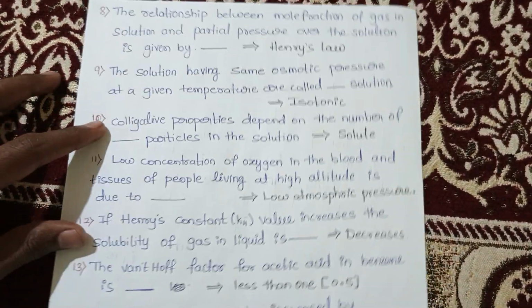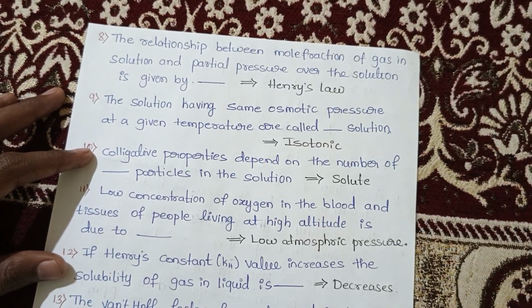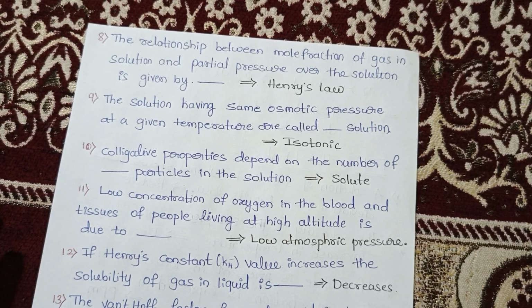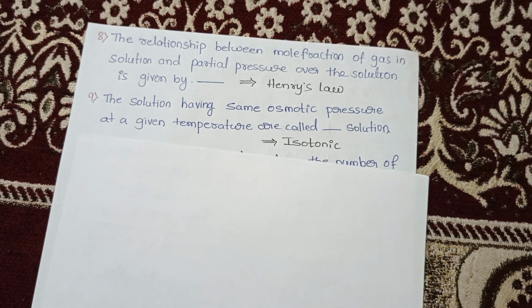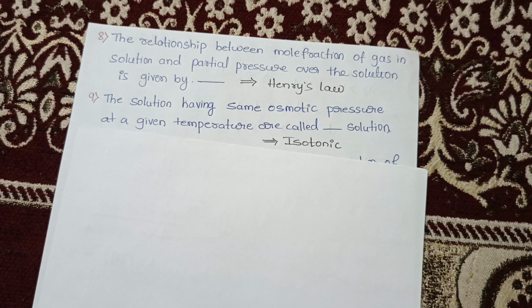Then the eighth one: the relationship between the mole fraction of a gas in a solution and the partial pressure over the solution is given by... As I told, the partial pressure is directly proportional to the mole fraction. This is the statement of Henry's law, therefore the answer is Henry's law.